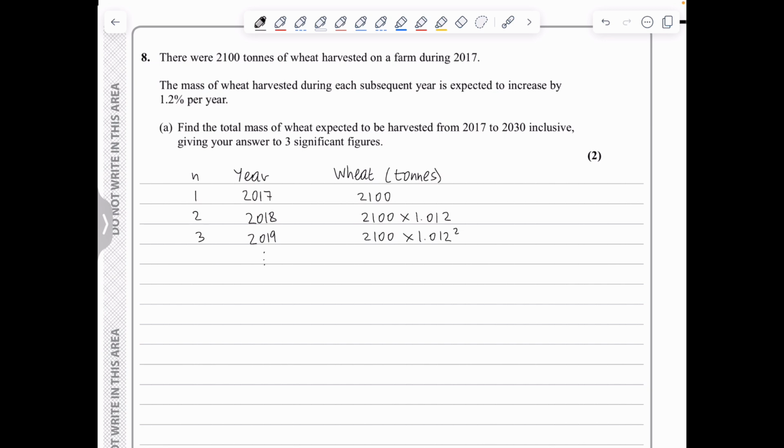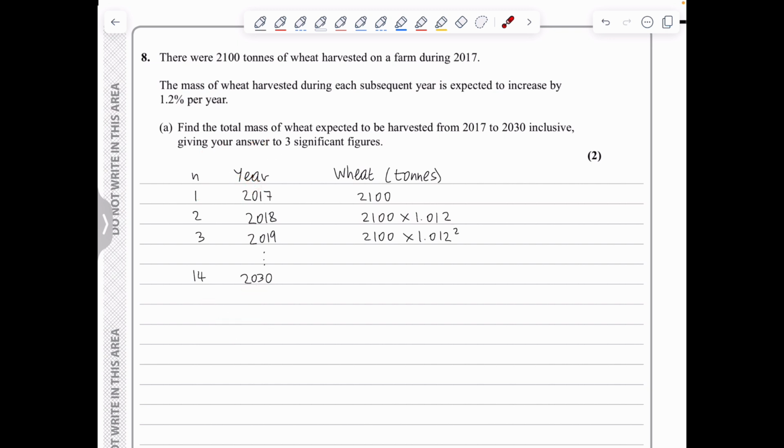So keep going like that for 2030. We can see that this will be N14, because from 1 to go to 2017, I add 2016. Similarly, from 14 to add 2016, we have 2030.